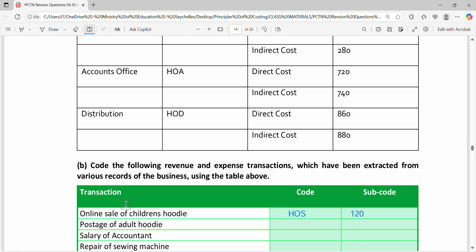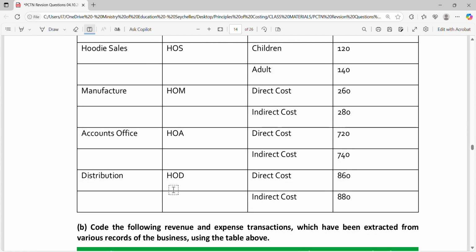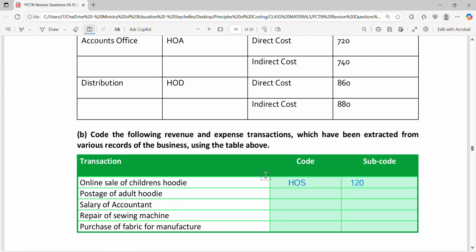So this is the postage of the adult hoodie. This will be HOD, and this is an indirect cost. So this one will be HOD 880.